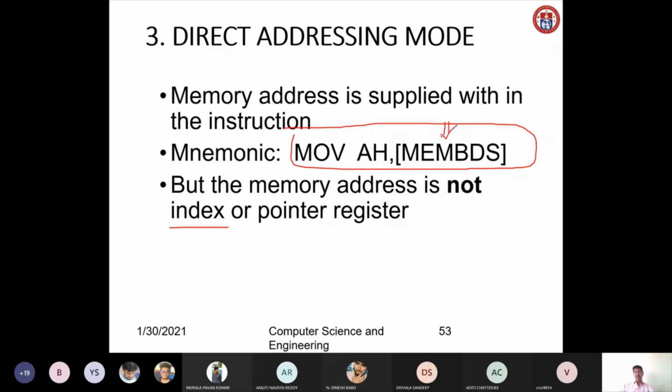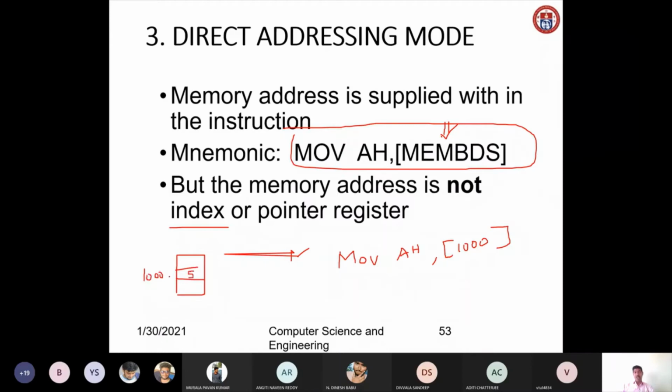For example, write MOV AH, 1000. AH is an accumulator register, and I am giving the location as 1000, which is a memory location. It will go to memory location 1000, and whatever content is available in 1000 will be moved into AH.